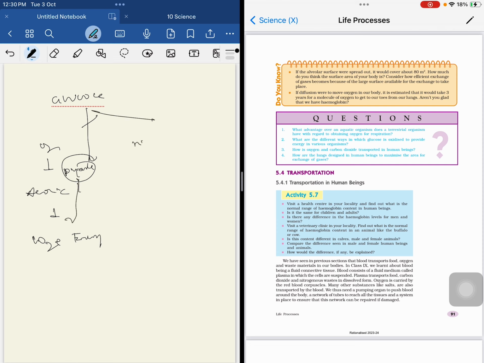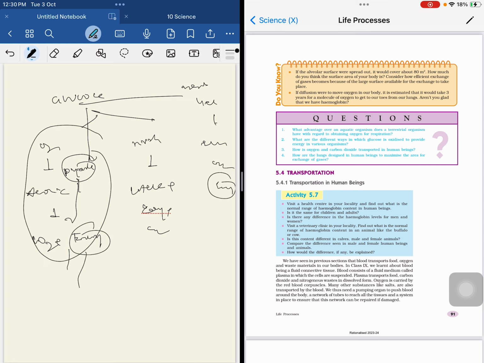In the muscles where there is no oxygen, it is converted into lactic acid plus energy. In anaerobic organisms like yeast, it is converted into ethanol plus carbon dioxide plus energy. However, in aerobic respiration, a lot more energy is released.